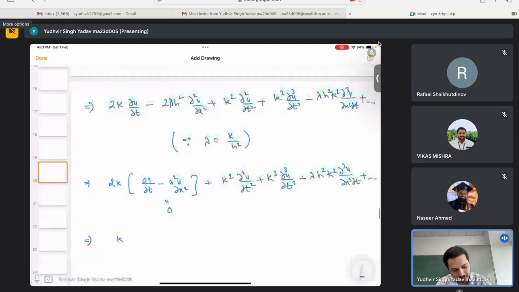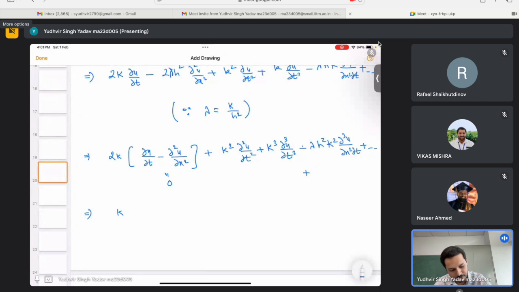Also, we will have some other terms after expanding this, such as lambda, or we will have in common k square del 4u by del x4.